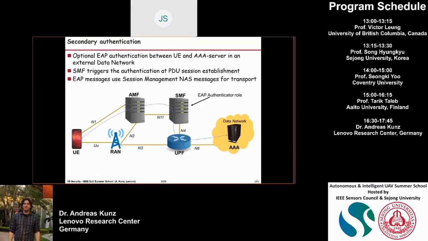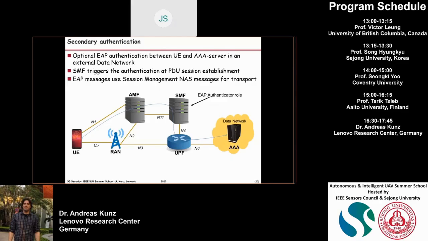This procedure is about the secondary authentication, which is also very new in 5G. It is about an optional EAP authentication after the primary authentication, where the UE and an external AAA server in a data network authenticate basically the access towards this data network.